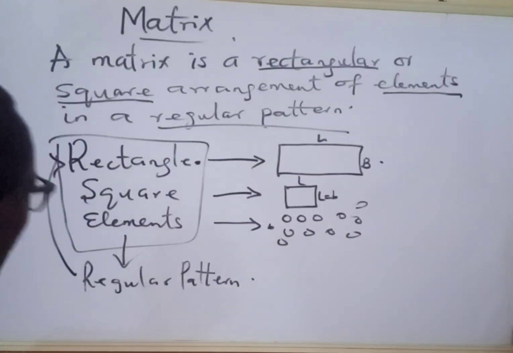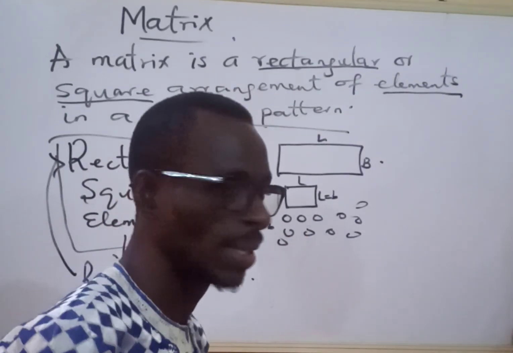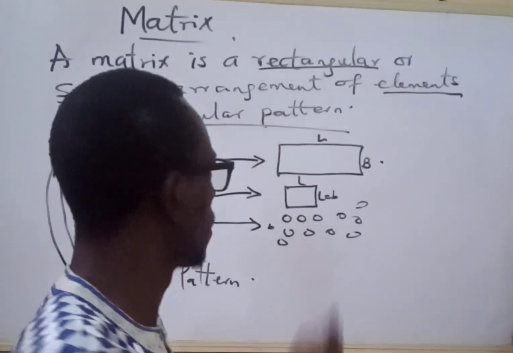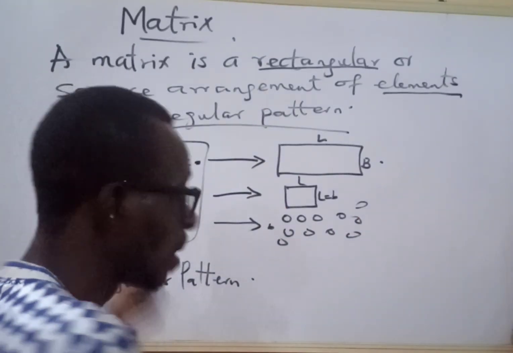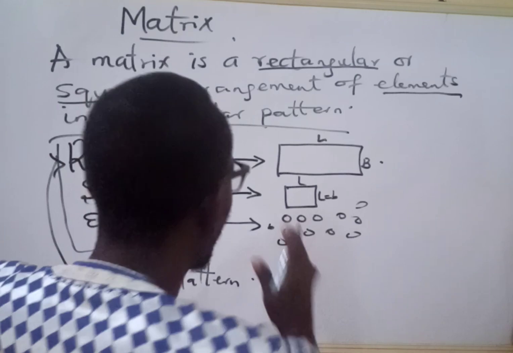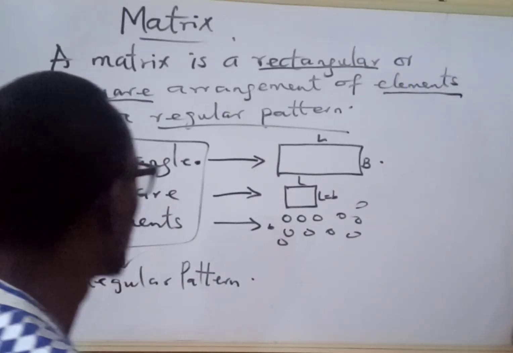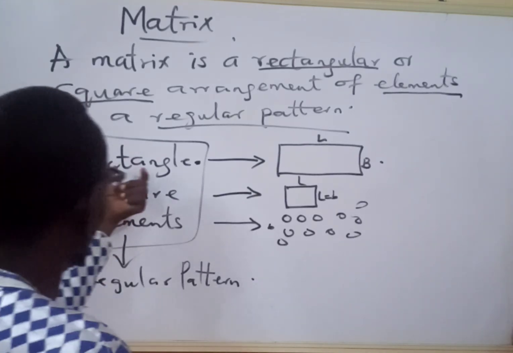So, what exactly can we say about this matrix? How do the component factors come together to become a matrix? So let's look into the rectangle.